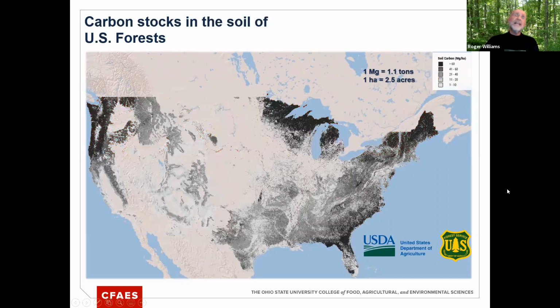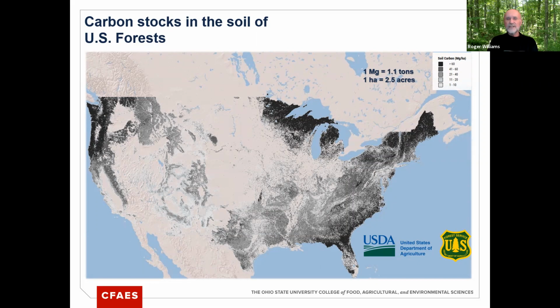And we can't obviously forget about the soil. Soil contains high amounts of carbon, and in fact, in some ecosystems, including some forest types, it's going to be the dominant carbon-containing component of the ecosystem. And you'll see that in just a little bit here.